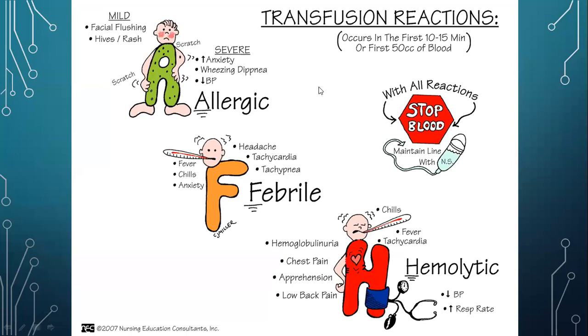This picture can help you clue it in your brain. So they explain the reactions like A, F, H. There are three letters. A means allergic reaction, F means febrile, and H for hemolysis.